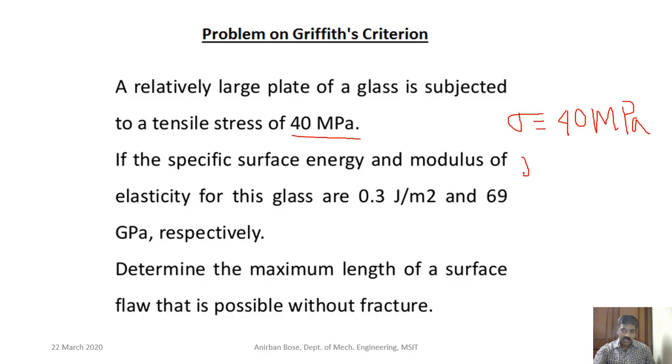Specific surface energy means gamma S, which is given as 0.3 joule per meter square, and modulus of elasticity is given as 69 gigapascal. Remember, gigapascal is 10 to the power 9 Pascal.